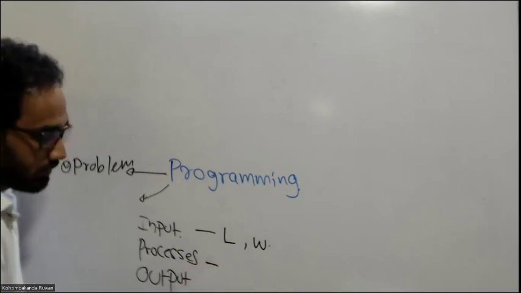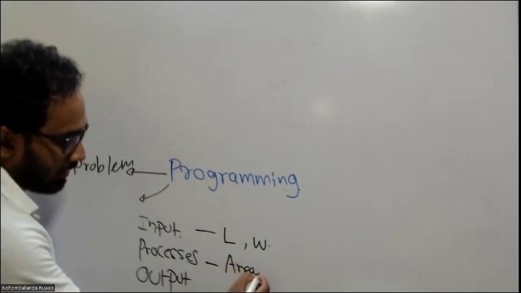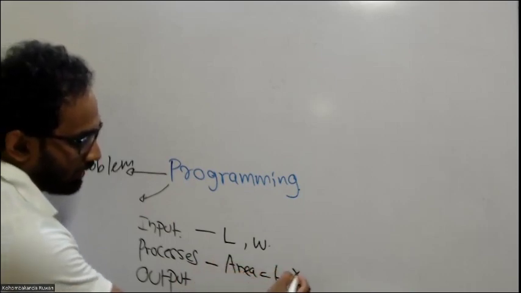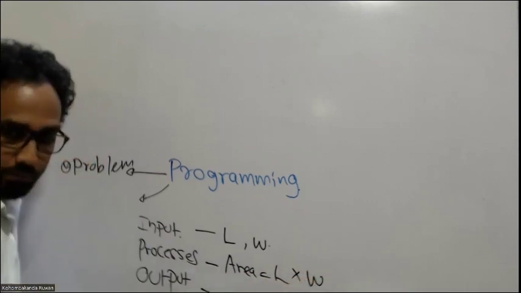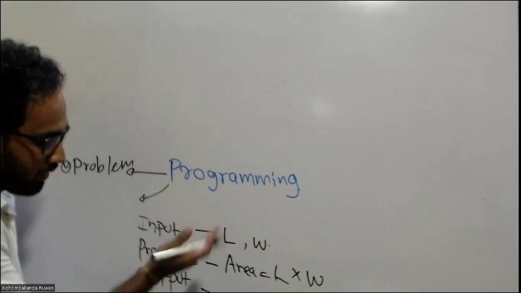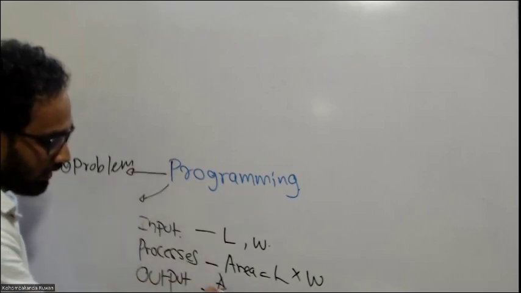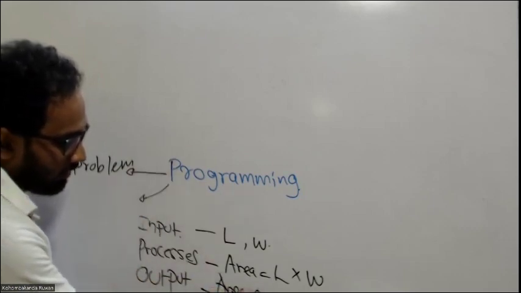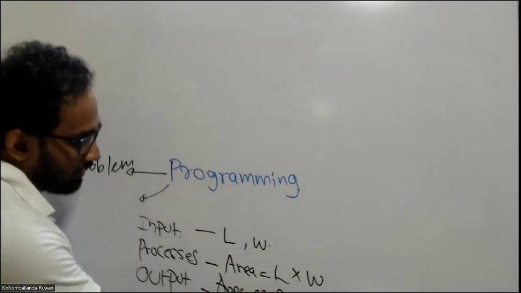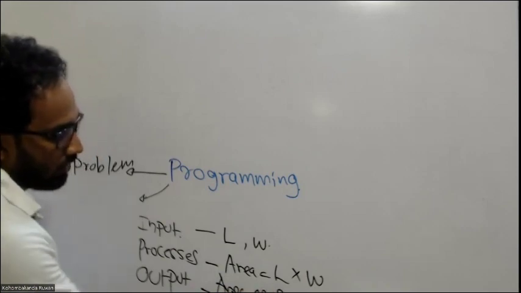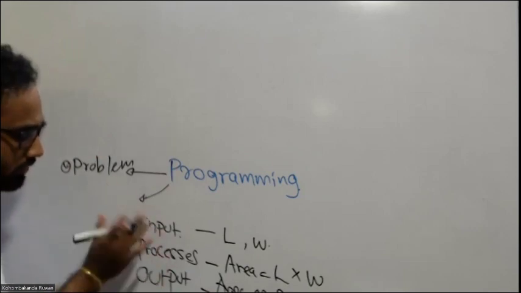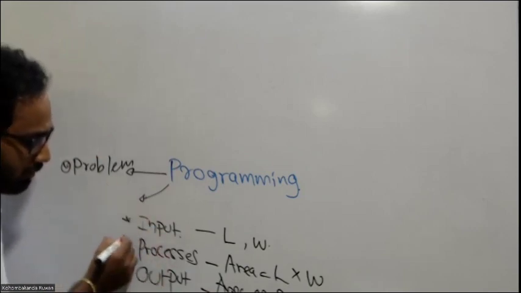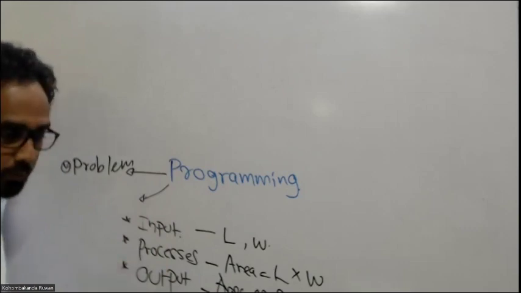What is the process? Process here is area equals length multiplied by width. Then what are the outputs here? Finally you will get the area of the rectangle, right? You need to identify clearly what are the inputs, process and the output.